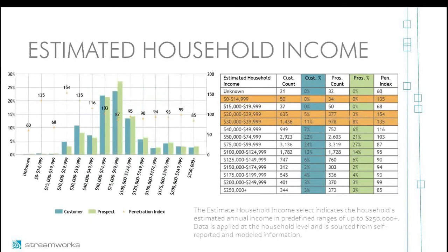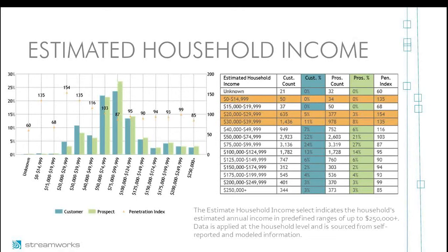Estimated household income, very important to most folks. This is going to tell you where the income falls. Now on this slide, I want to point something out. We've shaded in orange those with the highest penetration index, but you still have to take a peek at how many customers fell into what age or income group. You can see 50,000 to 74, 75 to 99, and then 100 to 125,000 really is the bulk of the customer input file.